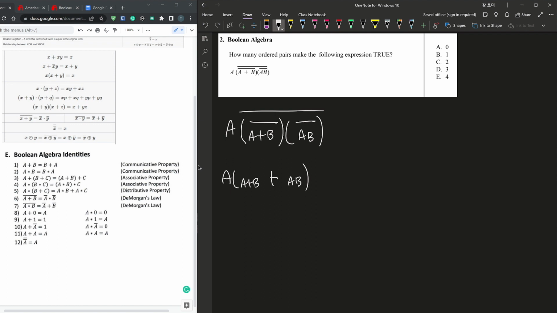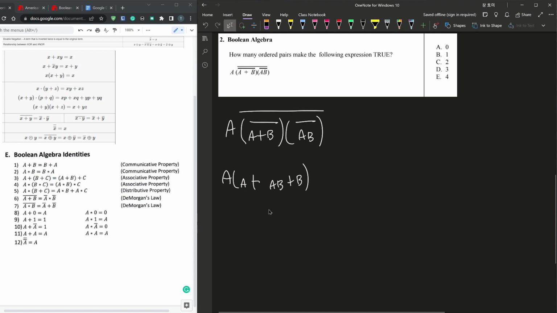And a plus b plus ab, we see a similar pattern here because a plus ab is the same pattern as x plus xy, the first identity in this Google Docs. So to avoid confusion, we will rearrange this part. A plus ab plus b.